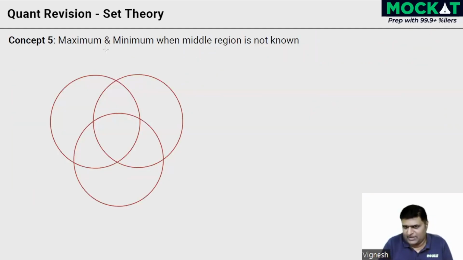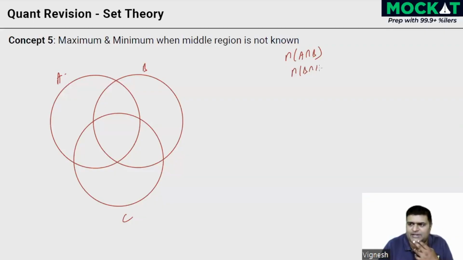So now let's look at a concept of maximum minimum when the middle region is not known, right? We can just create a very quick case over here pertaining to this. So let us say we have A, B, C over here, and we can define N of A intersection B, belonging to both of them, right?